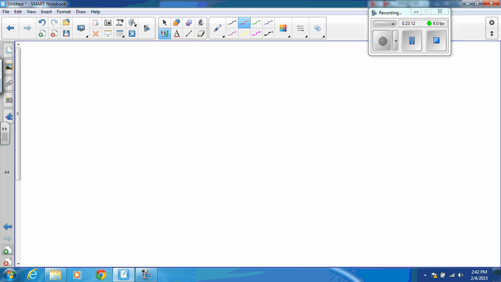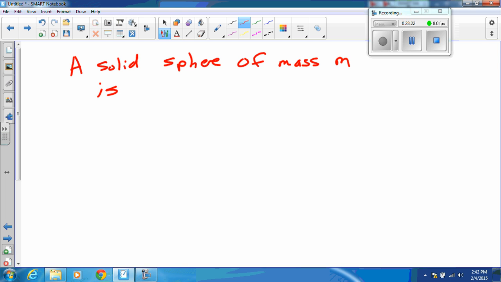Here I'd like to consider the following problem. A solid sphere of mass m is placed at the top of a ramp with height h.